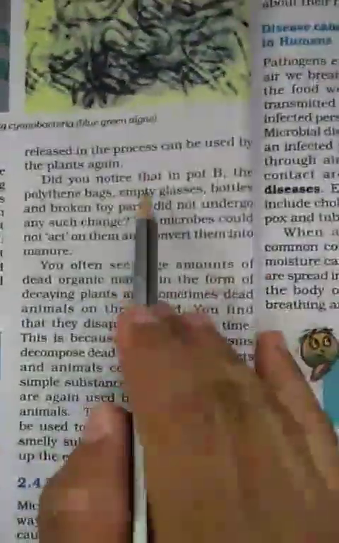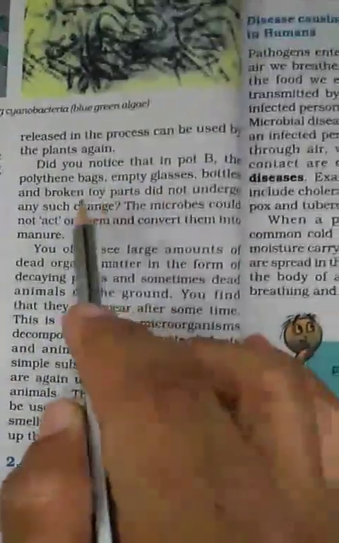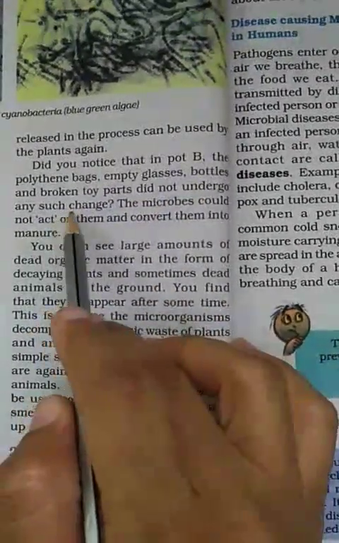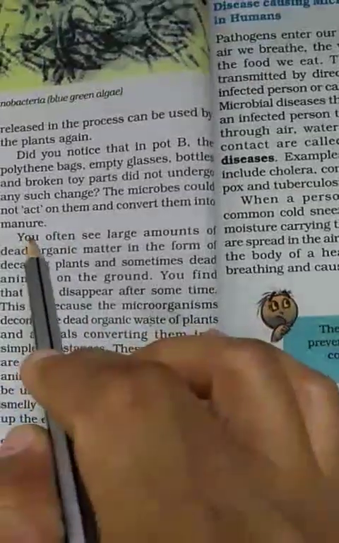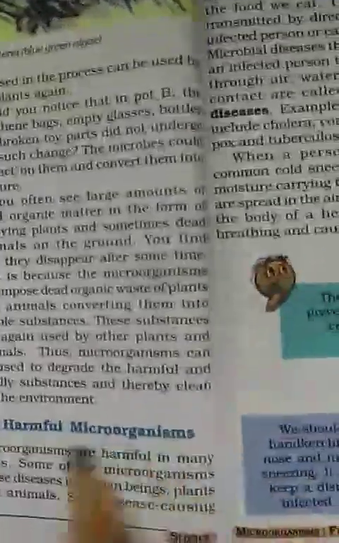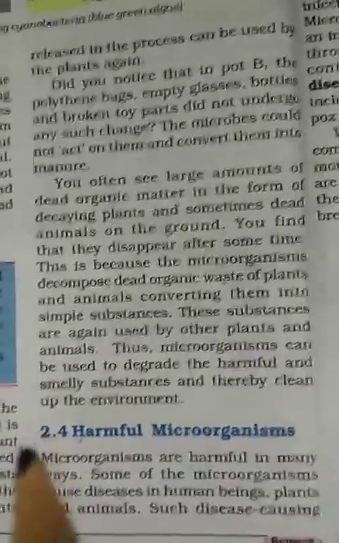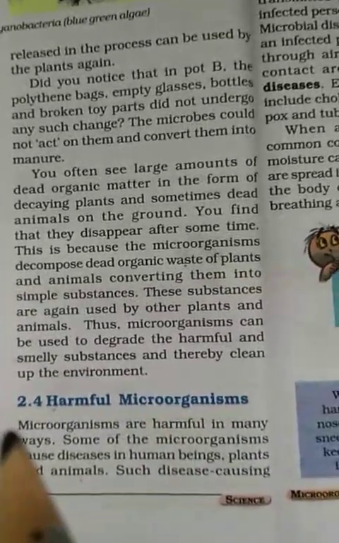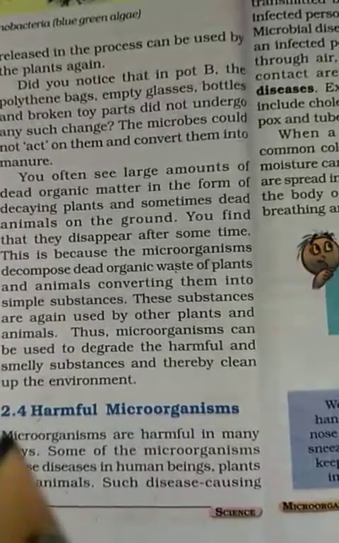Now look at pot B. The polythene bags, empty glasses, bottles and broken toy parts did not undergo any such change. The microbes could not act on them and convert them into manure. We often see large amounts of dead organic matter in the form of decaying plants and sometimes dead animals on the ground, and after a few days we see it disappear.